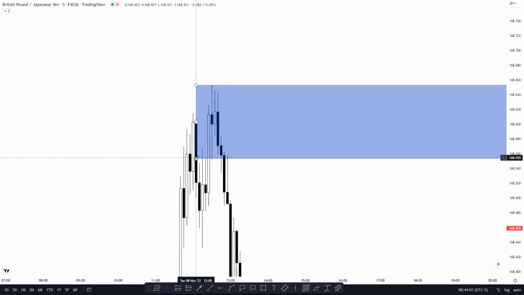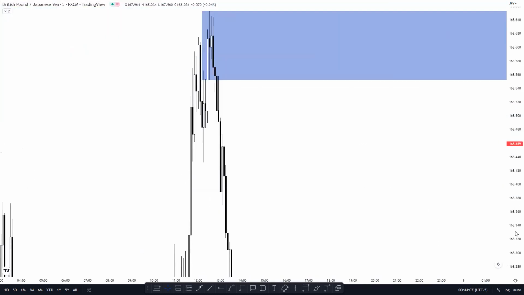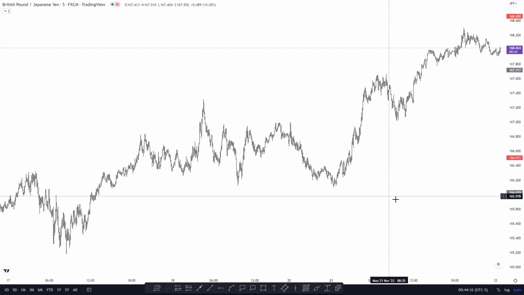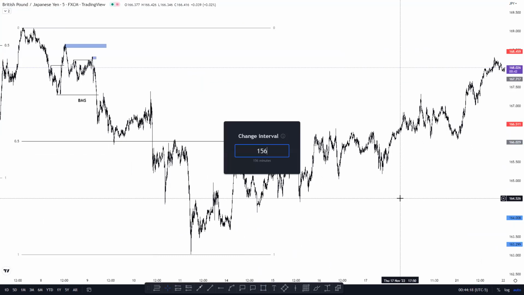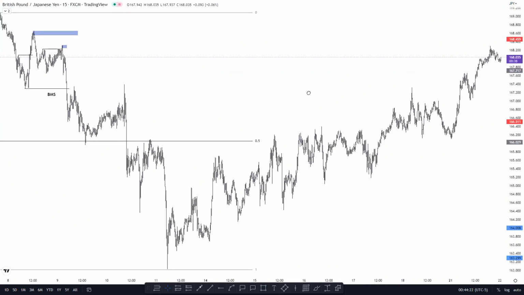So that is why I have chosen this candle as our point of interest. So again, we will look for this candle as our point of interest. You understand? So that is where we have two points of interest. We will look for sells.